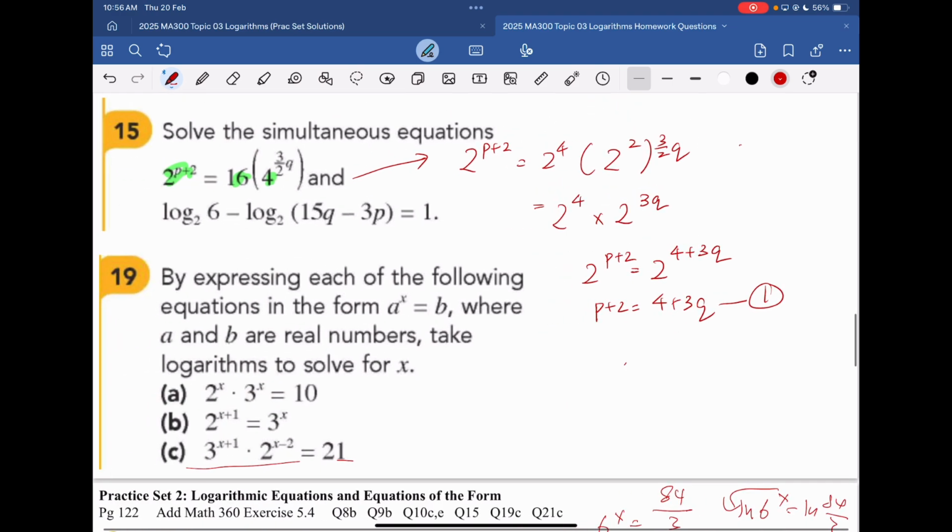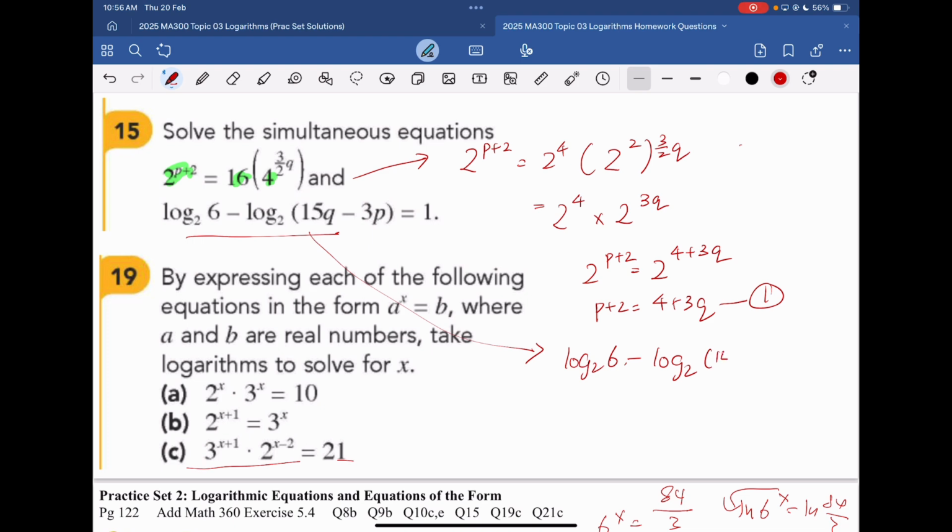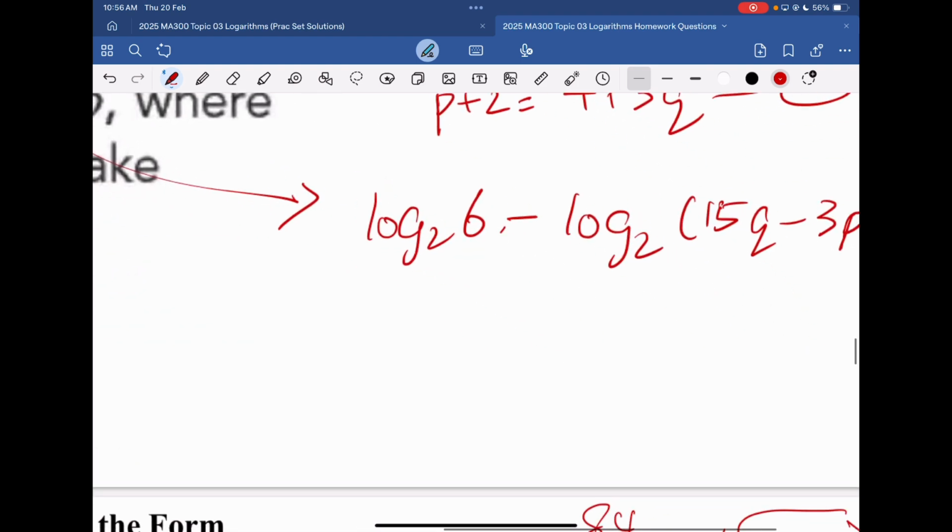Okay, so next one. Same thing. What's the strategy I always say? I call it packing. You don't find this in the textbook. These are my own words. Packing. Log 2 of 6 minus log 2 of 15q minus 3p equals 1. Mitra, what do I do?